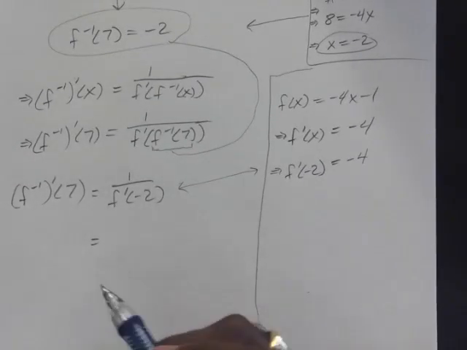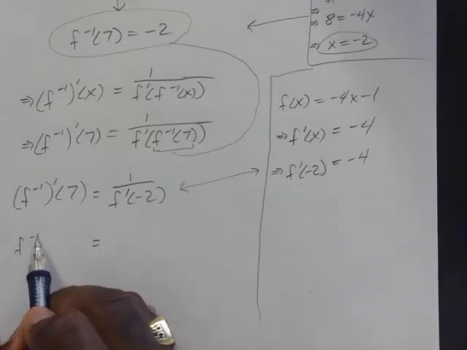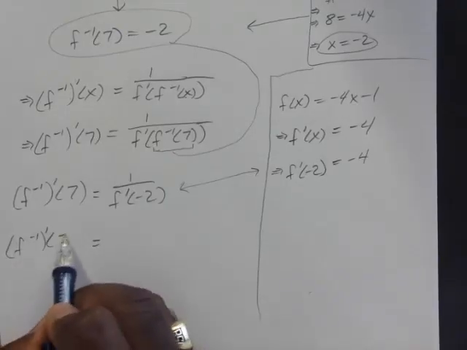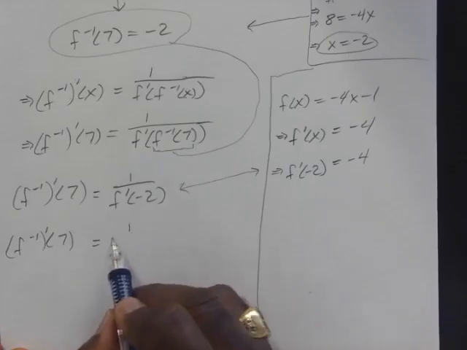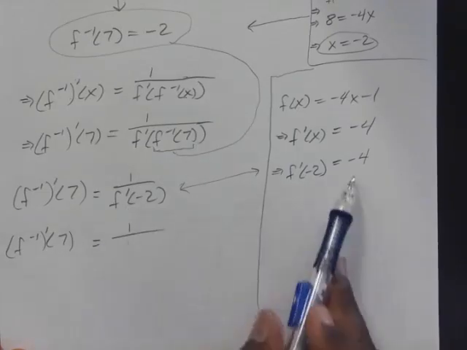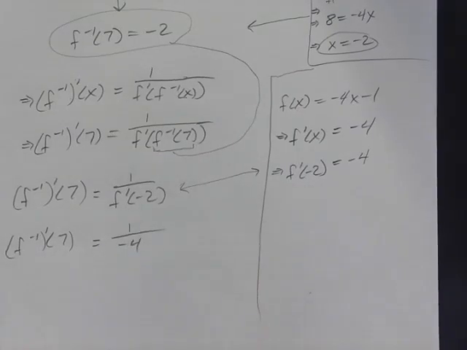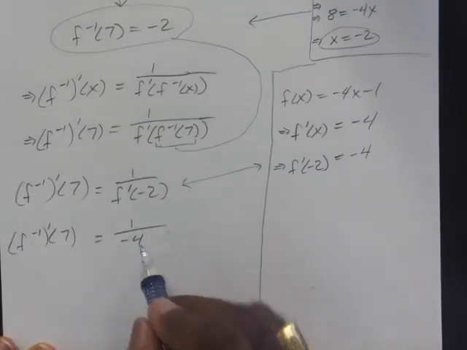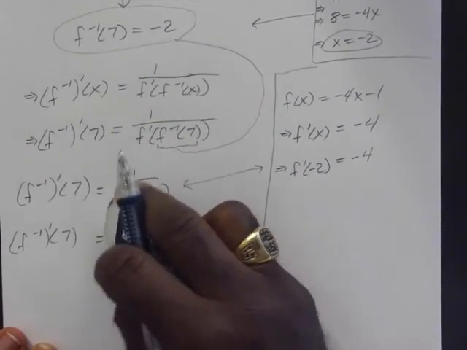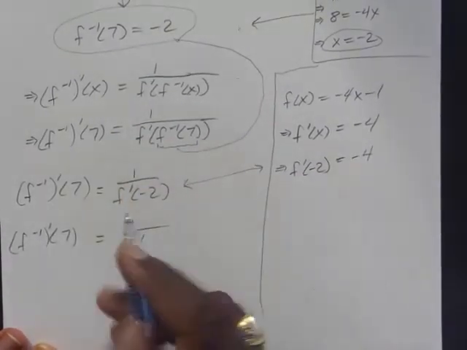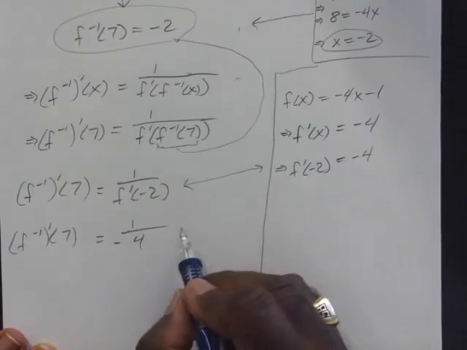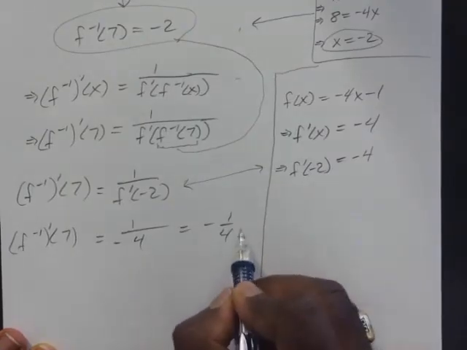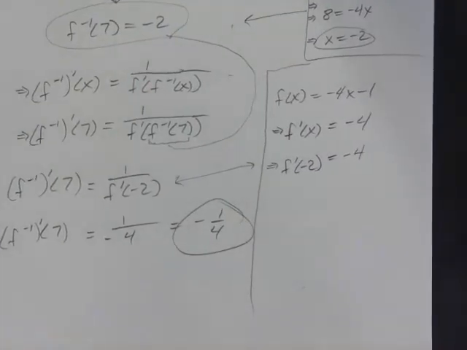So we know that our f inverse prime of 7 is equal to 1 over f prime of negative 2, which is negative 4. Or you can rewrite it as negative 1/4. Yeah, I'll write both ways. And that's your answer.